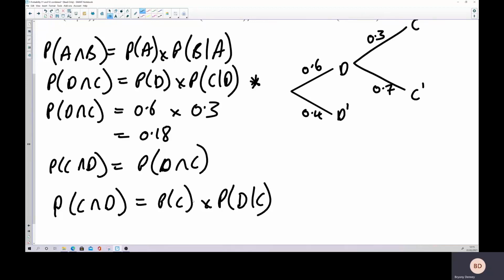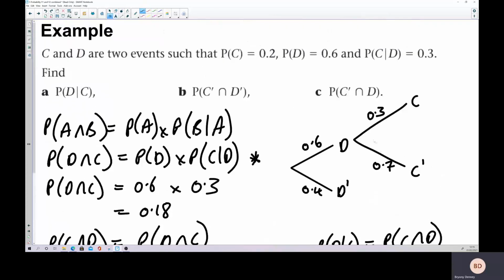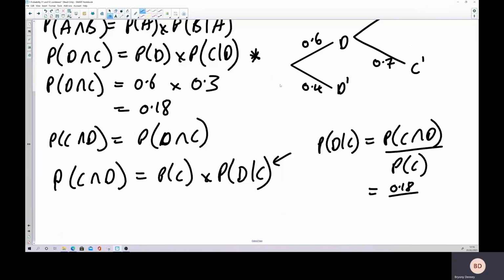So the probability of C and D is the probability of C times the probability of D given C. That's what we're after, so let's rearrange it for that. And now we can put the values in that we know. We've got the intersection, so that's 0.18. And we're going to divide by the probability of C, which is 0.2. Okay, so we get a value of 0.9 for that probability.